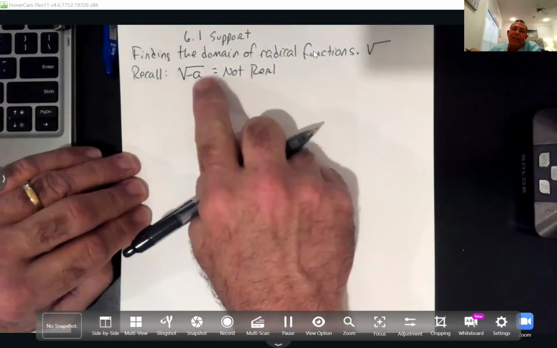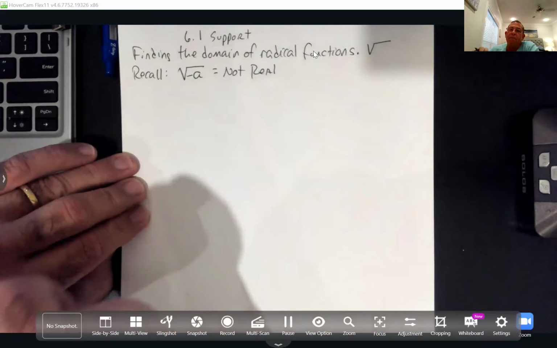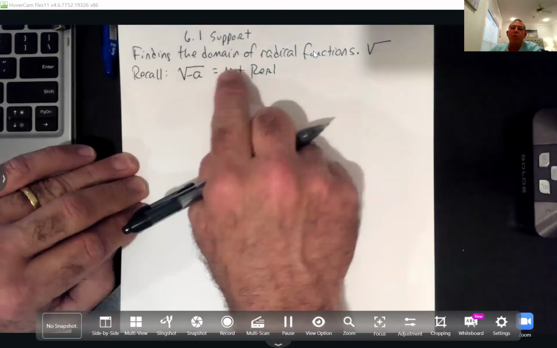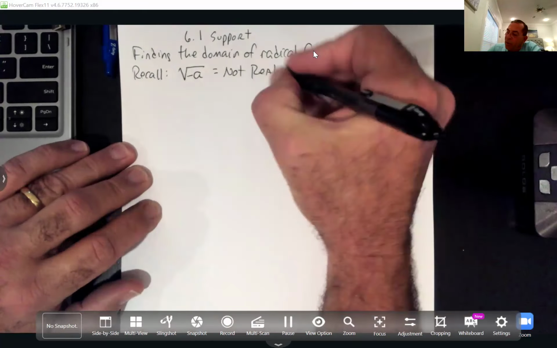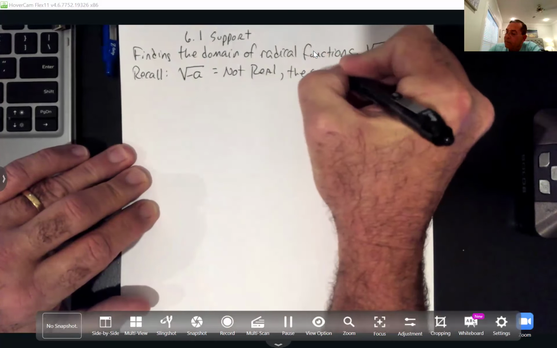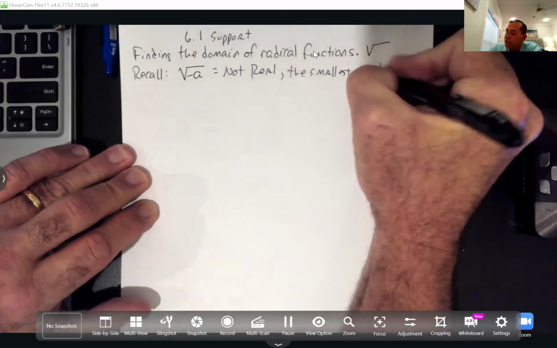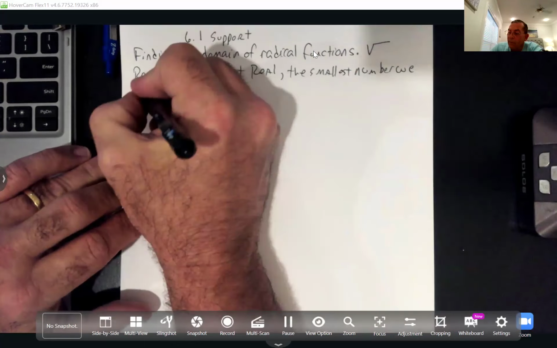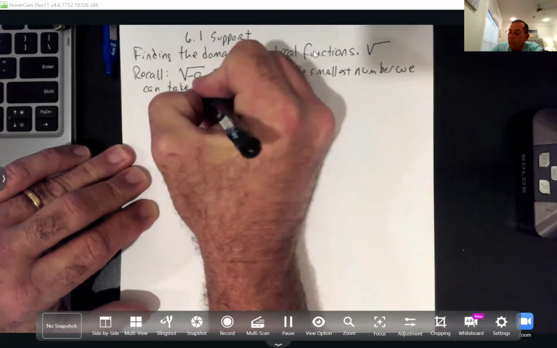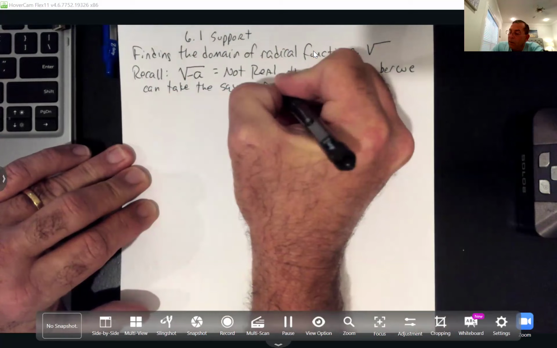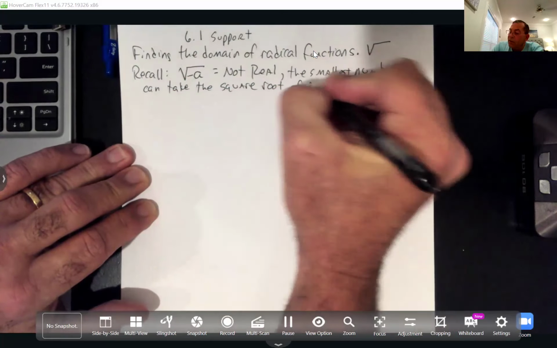So we got to take that into account when we're looking at the domains, okay? So the smallest number we can take the square root of is 0.